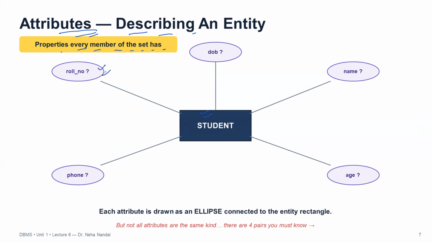So every student will have a roll number, a date of birth, a name, a phone number, an age. Correct. So all these will be represented with an elliptical shape, ellipse. Each attribute will be drawn with the shape of an ellipse. So here we represented the entity, here we came as attribute.